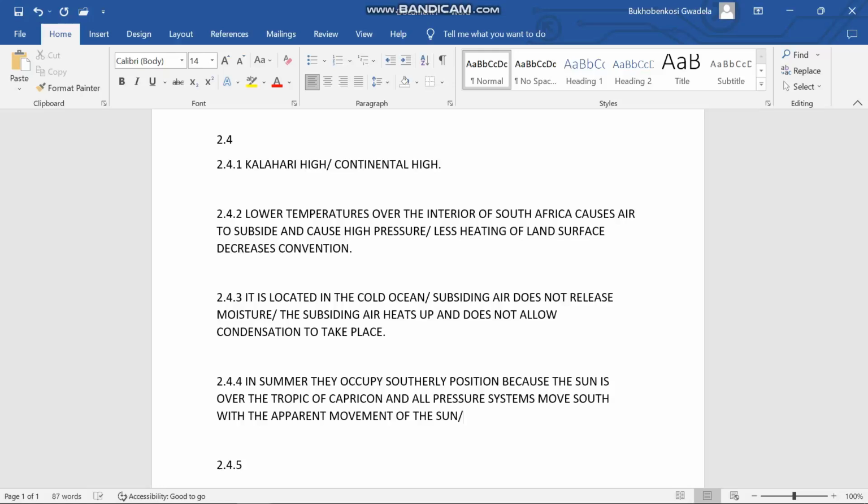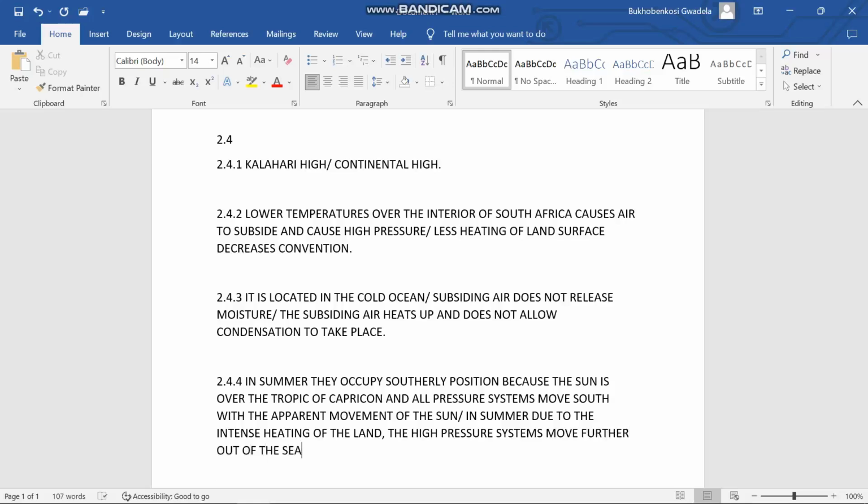We can also say in summer, due to the intense heating of the land, the high pressure systems move further out of the sea.